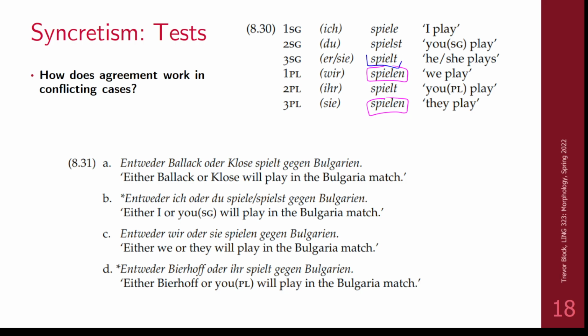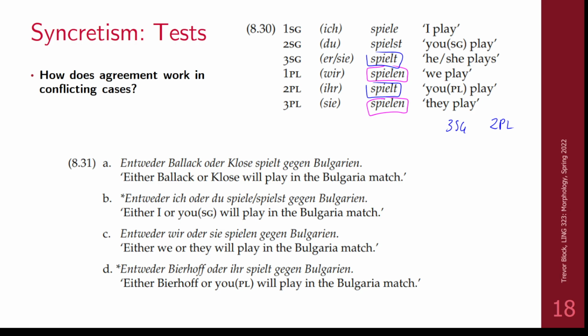Additionally, the third person singular and the second person plural look the same. Now, when we think about third person singular and second person plural, we might think, well, what is in common with these two? There's no reason why these would be the same. So maybe they're just homonyms.